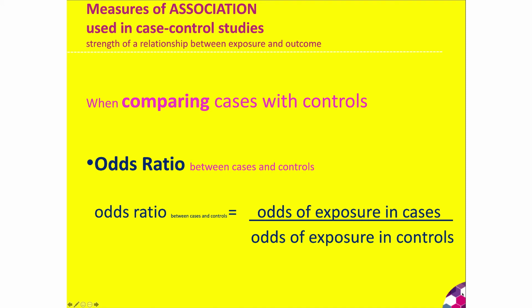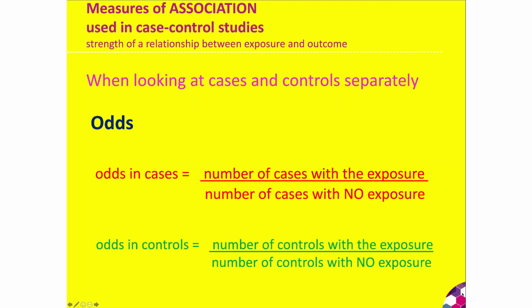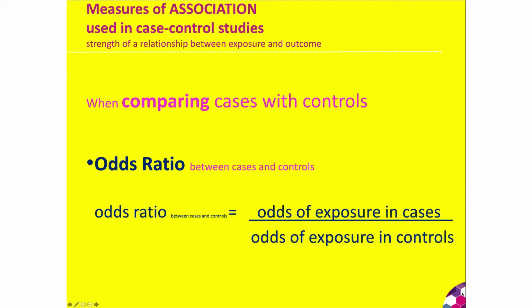When comparing cases to the controls, it's the odds of the exposure in the cases divided by the odds of exposure in the controls. Remember, the odds are the number with the exposure divided by the number without the exposure, and the odds ratio is the odds of exposure in the cases divided by the odds of exposure in the controls.